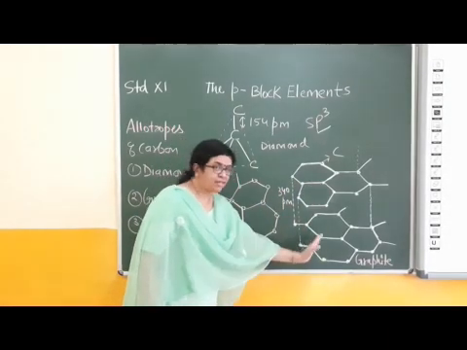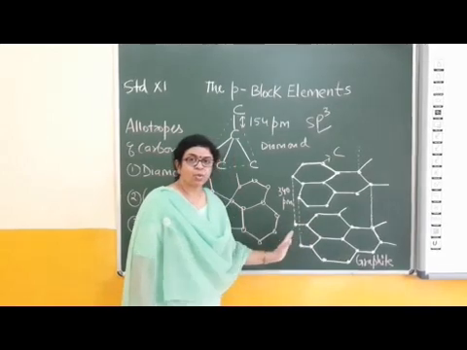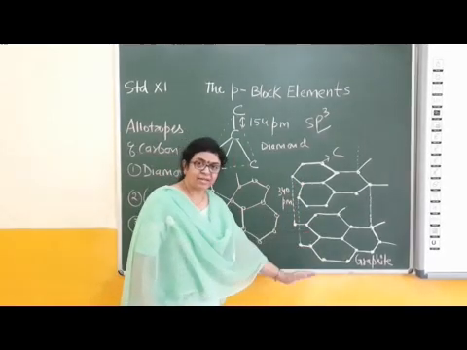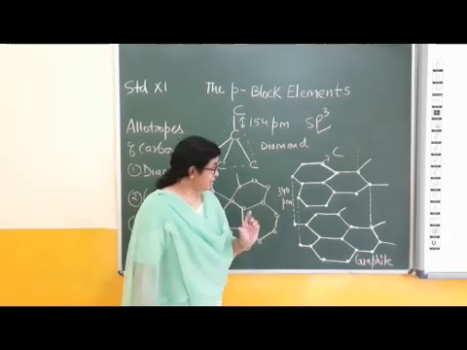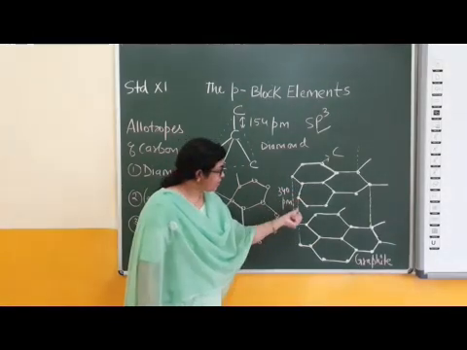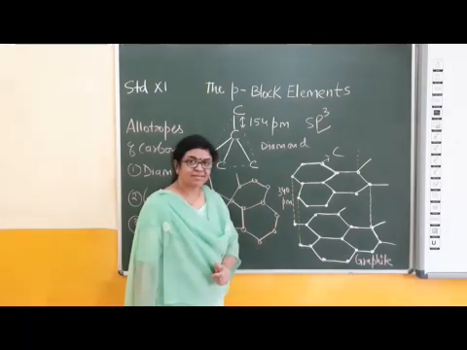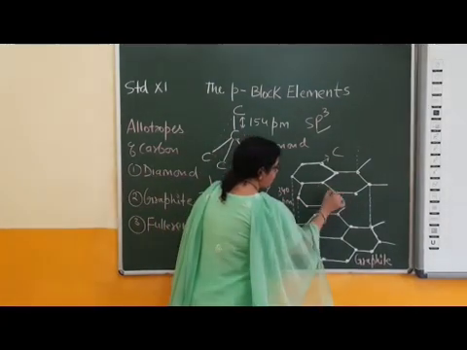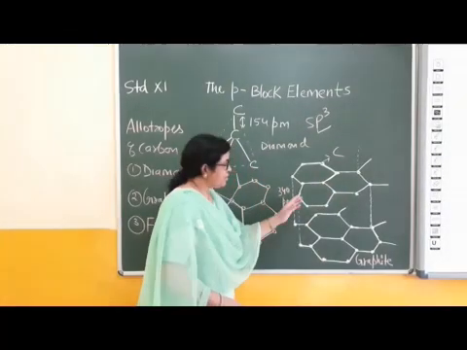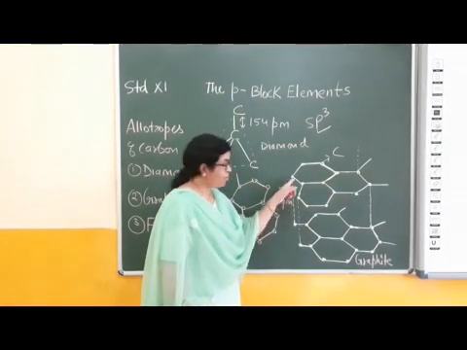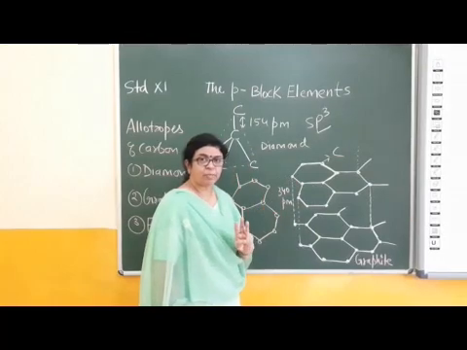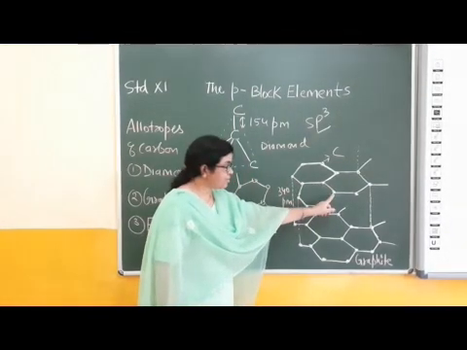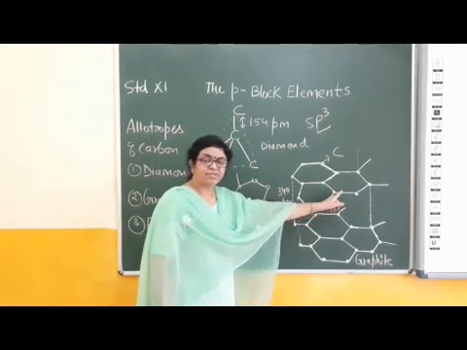There are different layers of hexagonal rings: layer 1, layer 2, then n layers. Important feature: one valency of carbon is free. Carbon is tetravalent, but each carbon in a layer has 3 purely covalent bonds with other carbons.